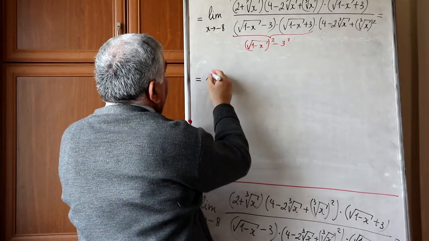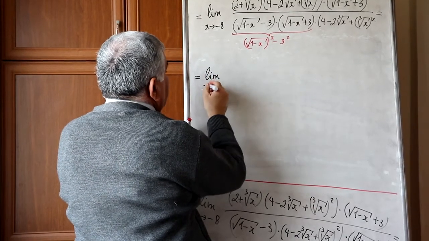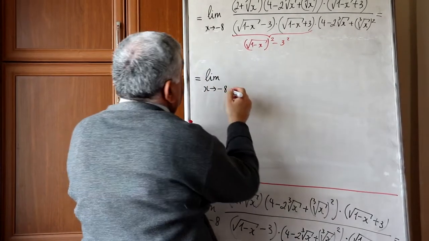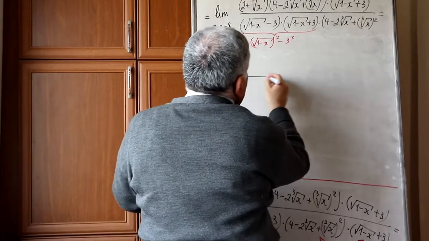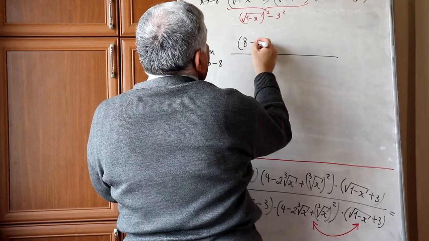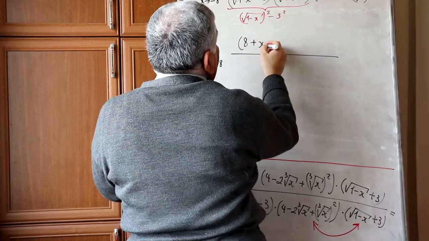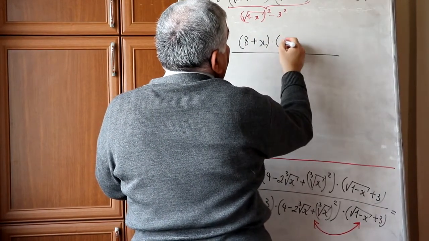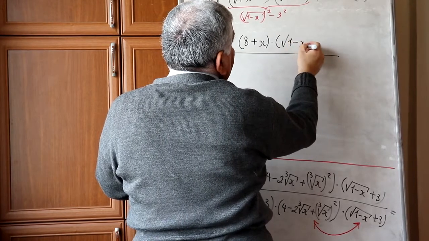Limit when x tends to minus 8, it is 8 plus x multiplied by square root of 1 minus x plus 3.